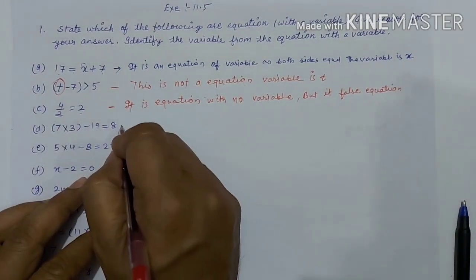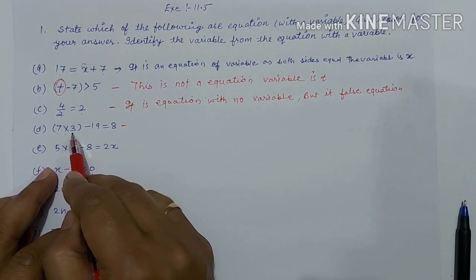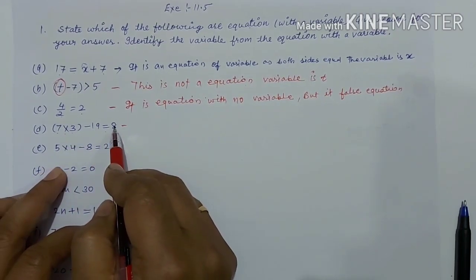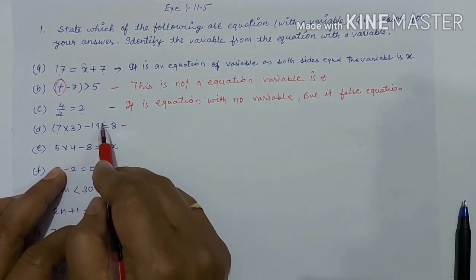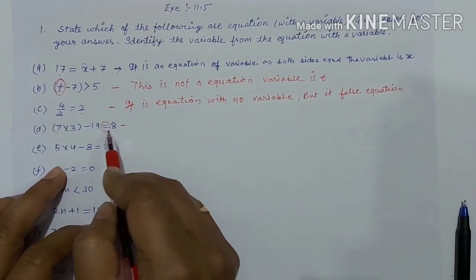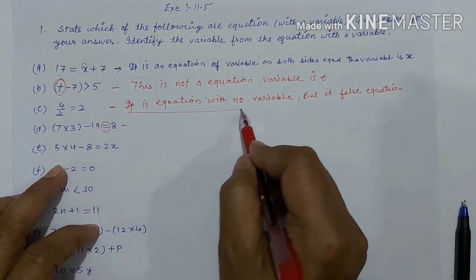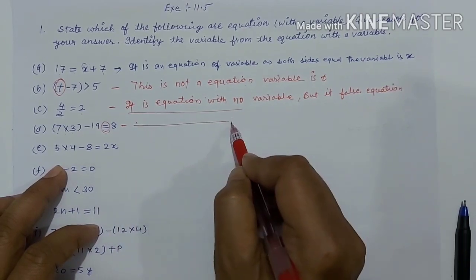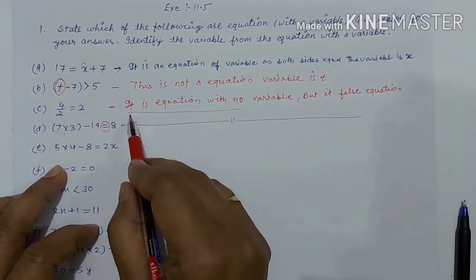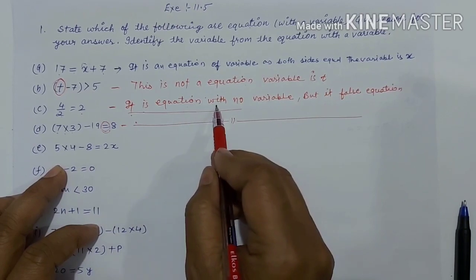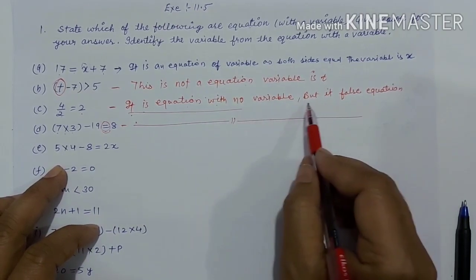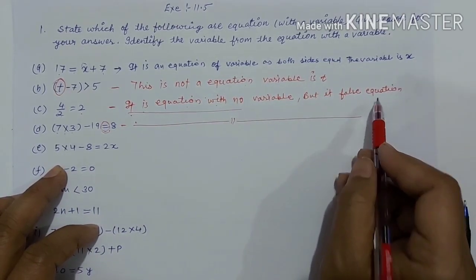Okay, next 7 plus 3 minus 18 is equal to 8. This is an equation because it has the sign of equal to, but it has no variable. The answer is the same: it is an equation with no variable, but it is a false equation.